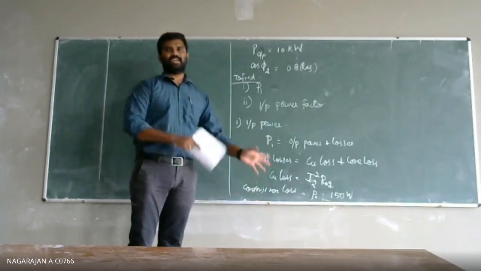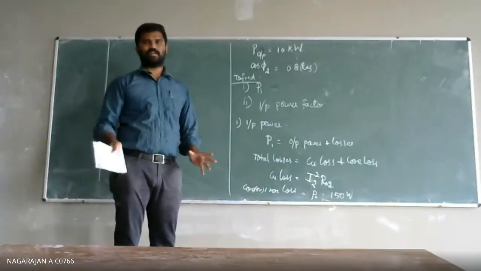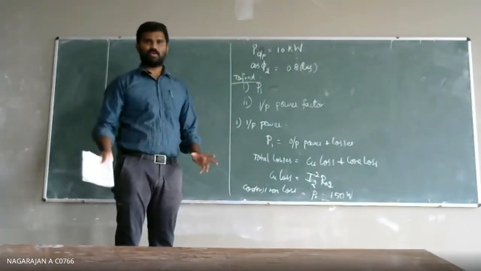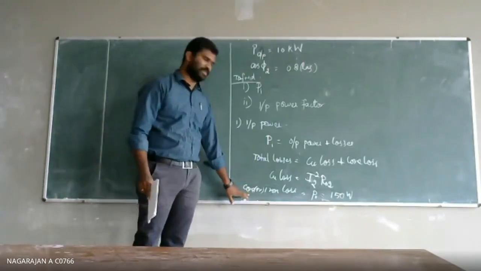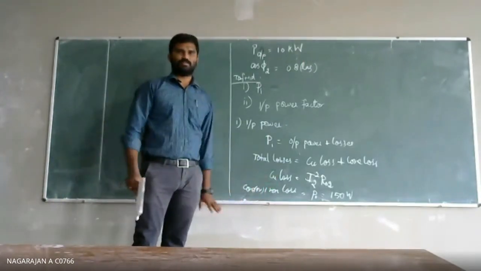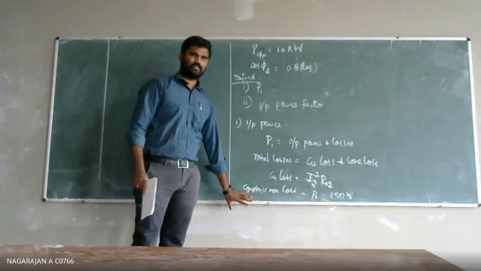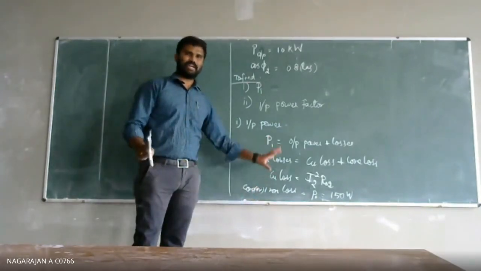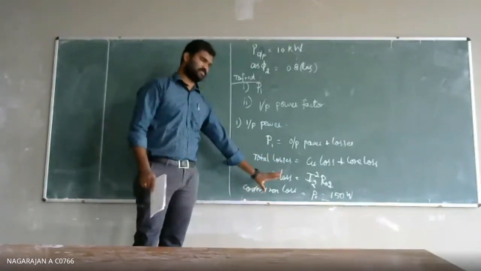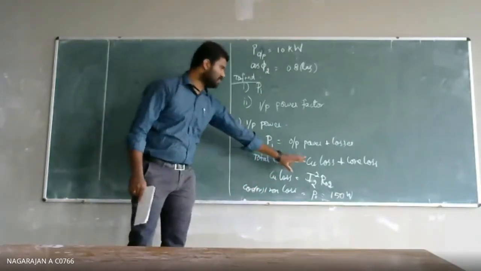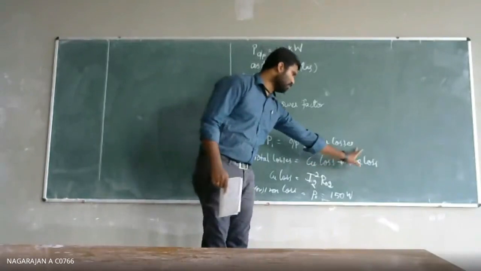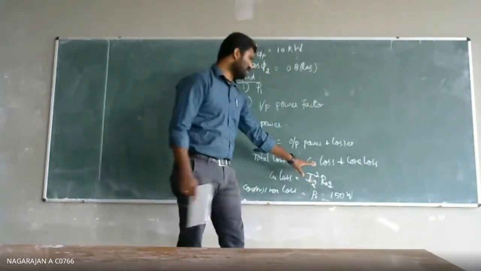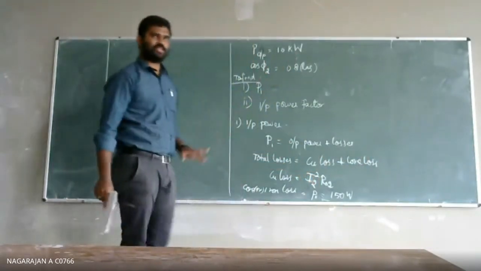Under any rated value of load connected, even if you change the load, this value will not vary. Core loss will not vary. Do you understand? So if they have given any power rating at no load condition, directly write that as core loss. Out of these two, copper loss and core loss, we have found core loss, and the only pending thing is copper loss. We have to find out the copper loss value.